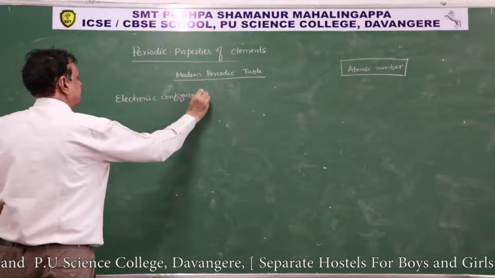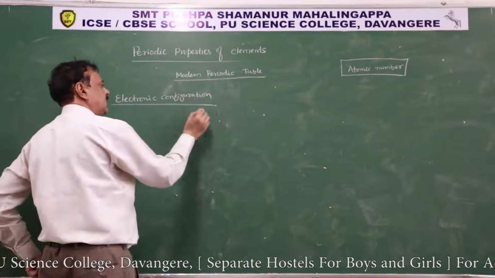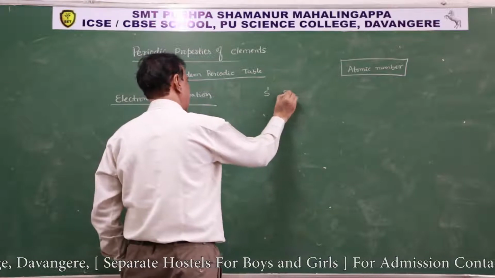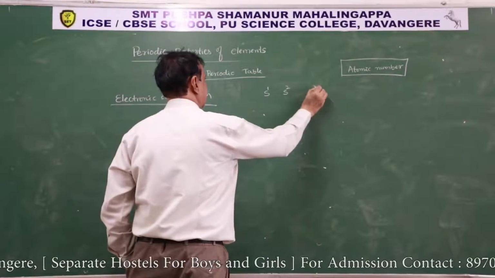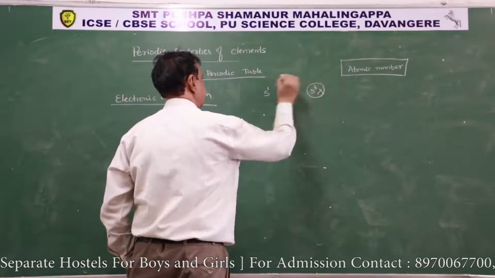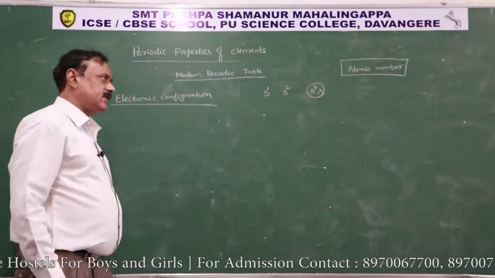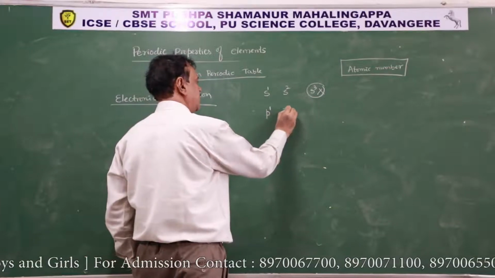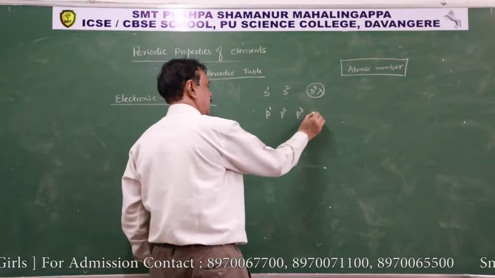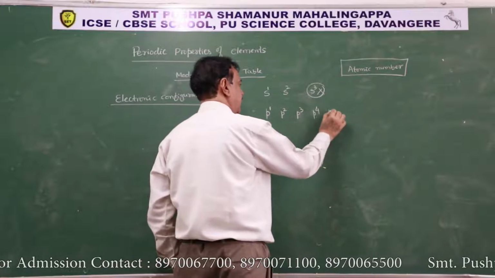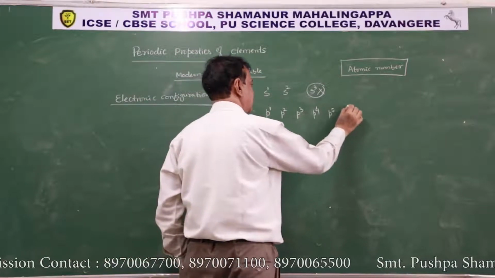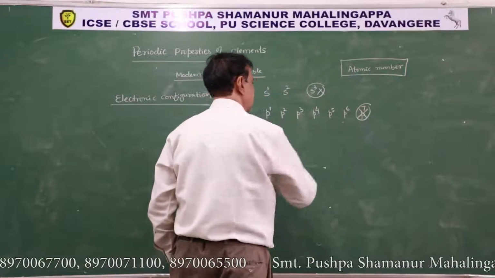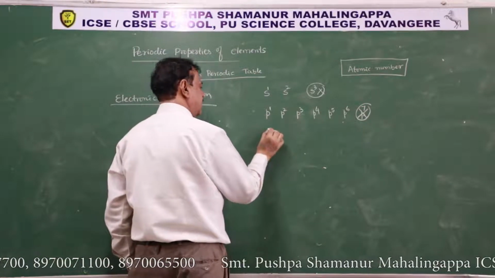Electronic configuration. On the basis of the electronic configuration, S1 exists and S2 exists, but S3 does not exist in nature. Whereas P1, P2, P3, P4, P5, and P6 exist, P7 does not exist.